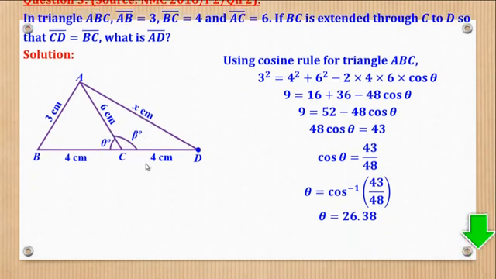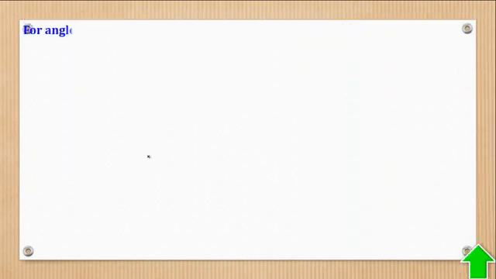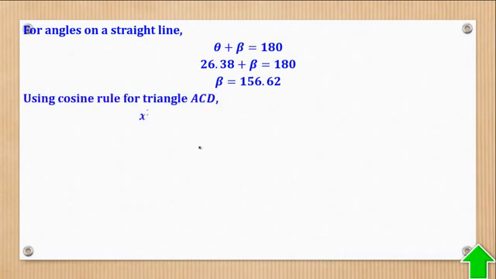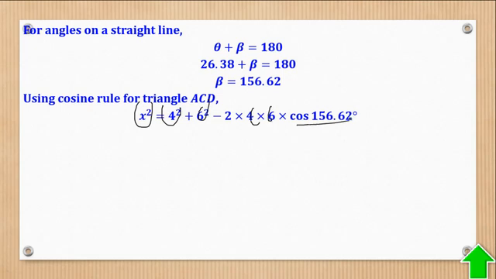So now I've got this angle, meaning I can get the angle beta. For angles on a straight line, they add up to 180. I think you remember that. So we shall substitute for theta and get the value of beta. Now that we have beta, we can use cosine rule. So x squared is equal to this plus this minus 2 times this times this, cos the angle. Then you simplify.